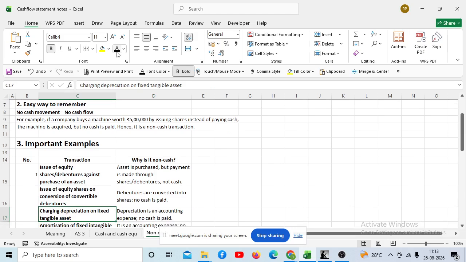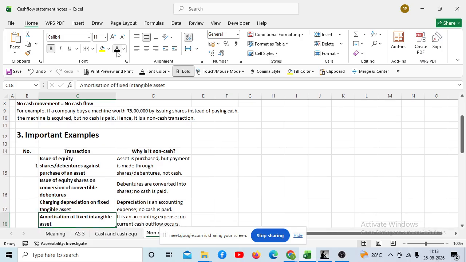Then this we had already discussed, charging depreciation on fixed tangible assets. Again, depreciation is an accounting expense, no cash is paid. Okay, so no cash is paid. So since this is a non-cash transaction, we show this depreciation as add in the operating item, right?